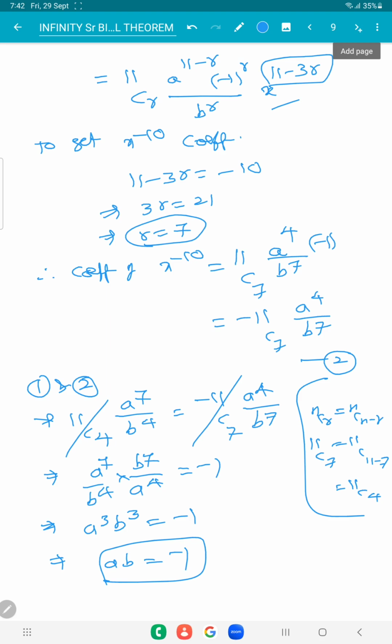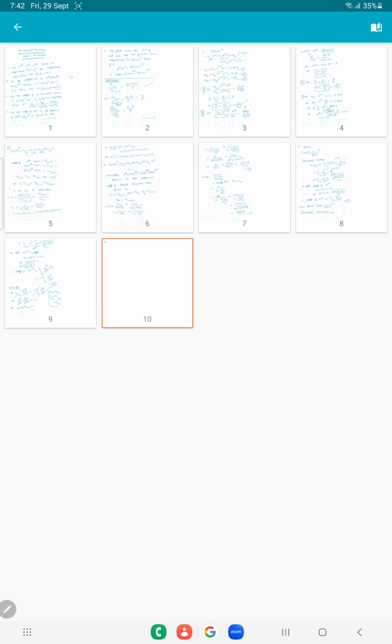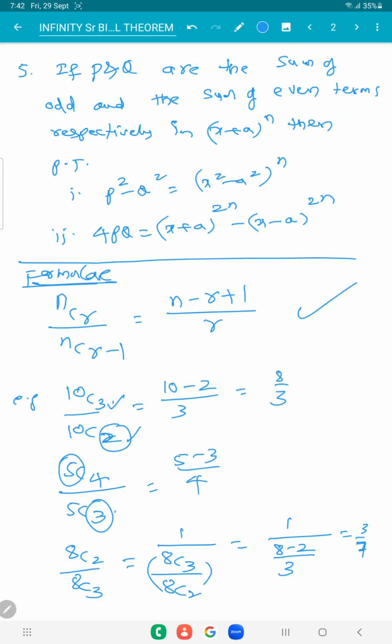So we have one more question here, the fifth one. P and Q are the sum of odd and sum of even terms respectively in the expansion.